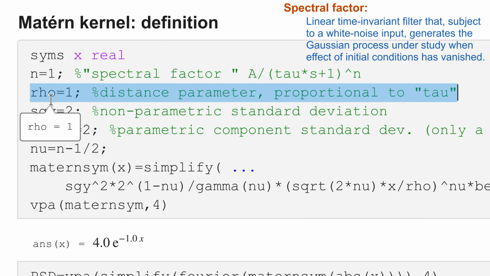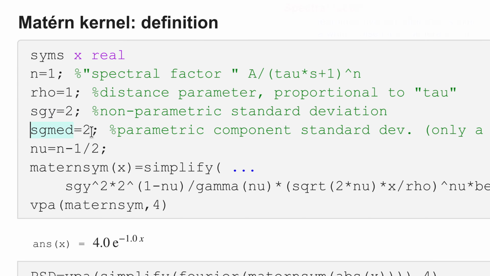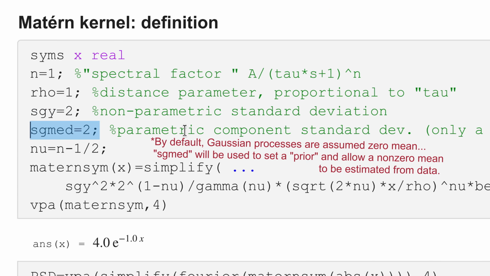Rho will be a distance parameter proportional to the filter time constant, tau, and this will be the standard deviation when this filter reaches a stationary regime, and this SGMED will be later on used to indicate that the mean of the data may not be 0, and we expect the mean of the data to be in my prior normally distributed with a standard deviation of 2.